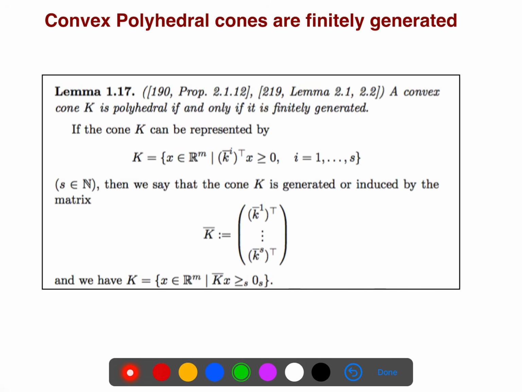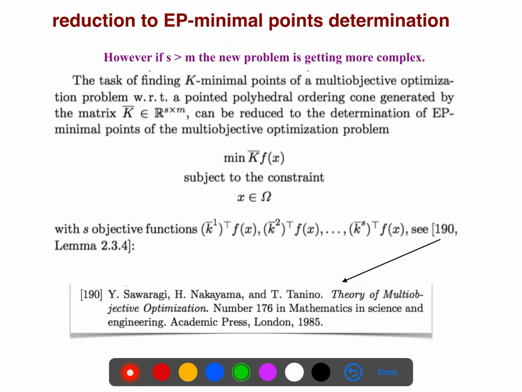And so convex polyhedral cones are finitely generated. We just need a finite number of vectors to generate them. And we need the concept of a cone in order to find all the points of the efficient frontier.